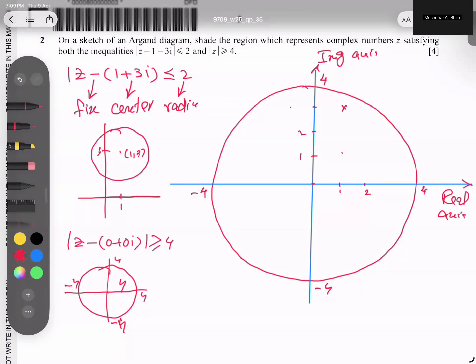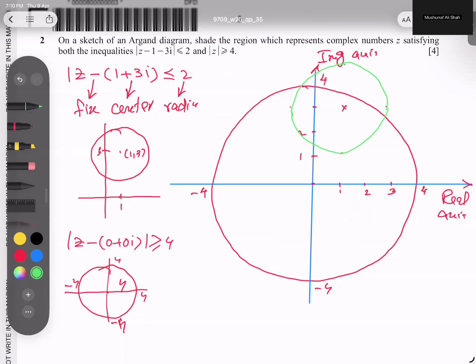Let me make it. There's a 3 here and here. Let me use a different color. I'm not using a compass, you can use a compass. The circle is done.